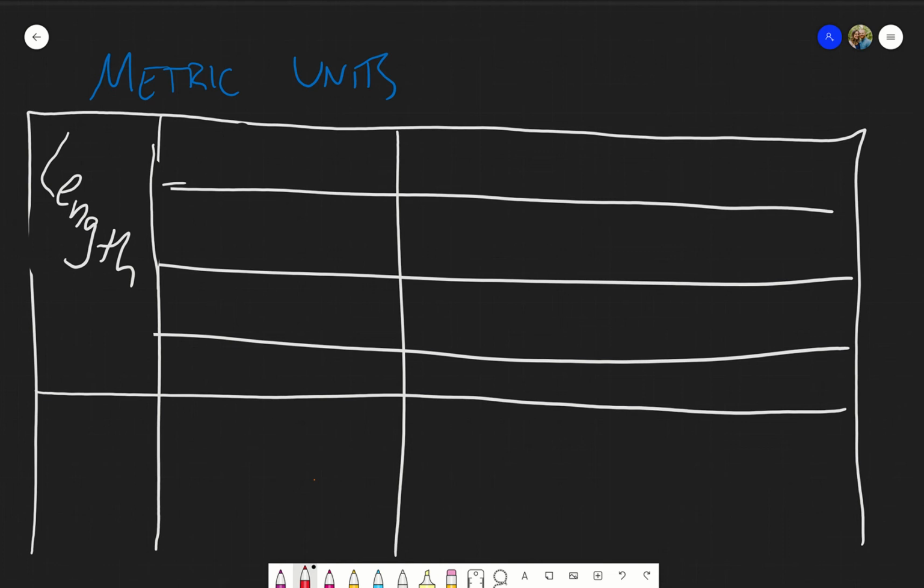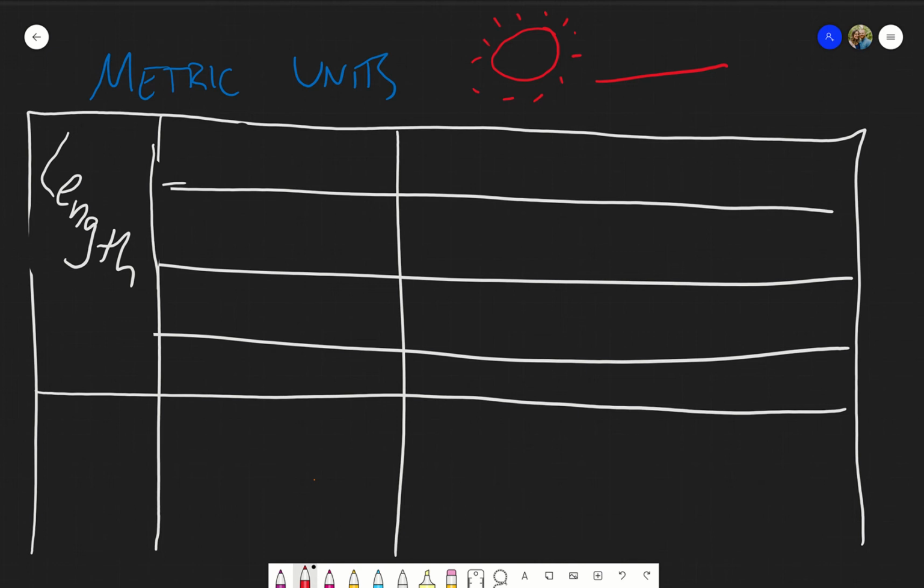Now, if you remember prefix from English, that's the word that goes before the word. So this right here would be the prefix. So in metric units, we have a lot of prefixes to describe how the root has changed. We'll understand that more as we go.